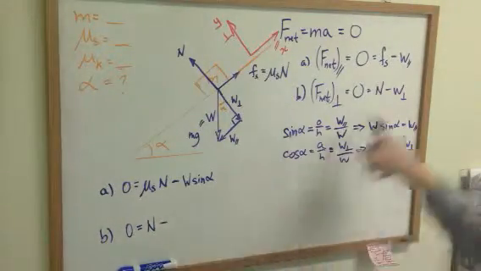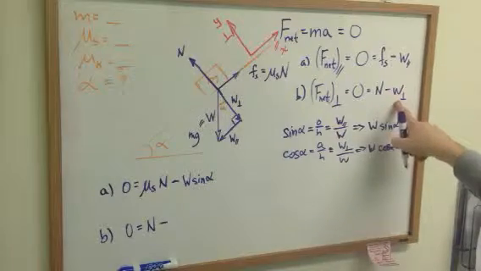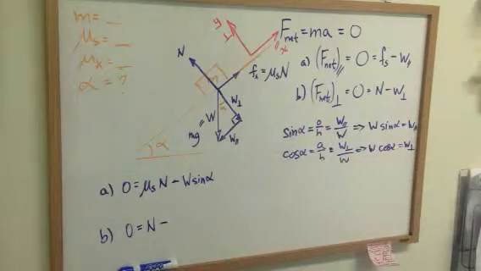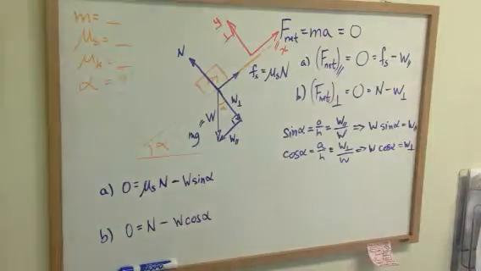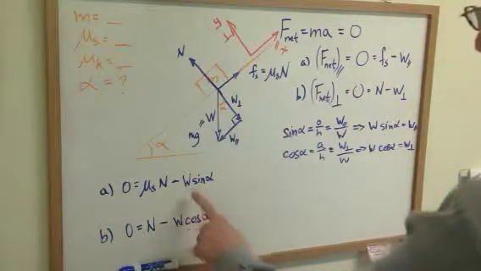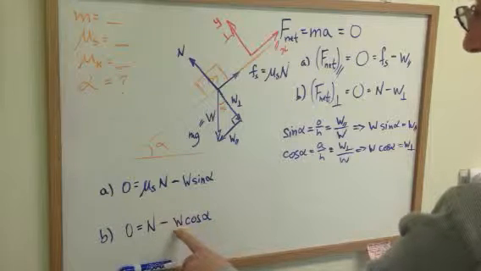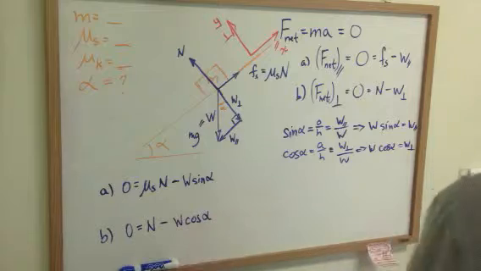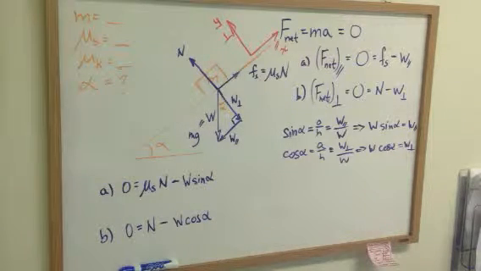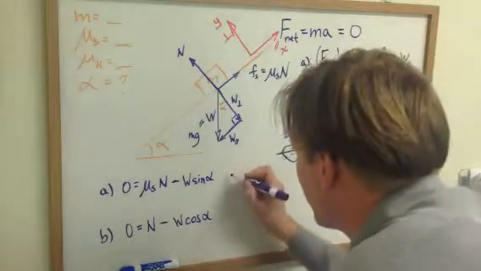And minus the perpendicular weight, which is the weight cos alpha. I know my weight, it's mg. I don't know this n, and I don't know alpha. So why don't I eliminate n and just solve for alpha?